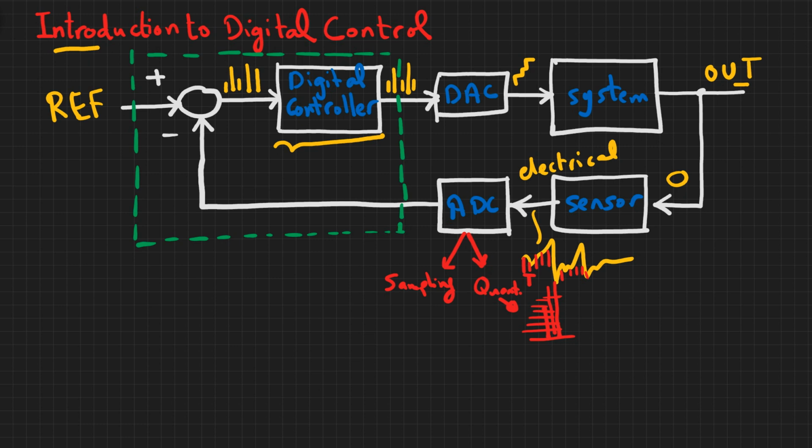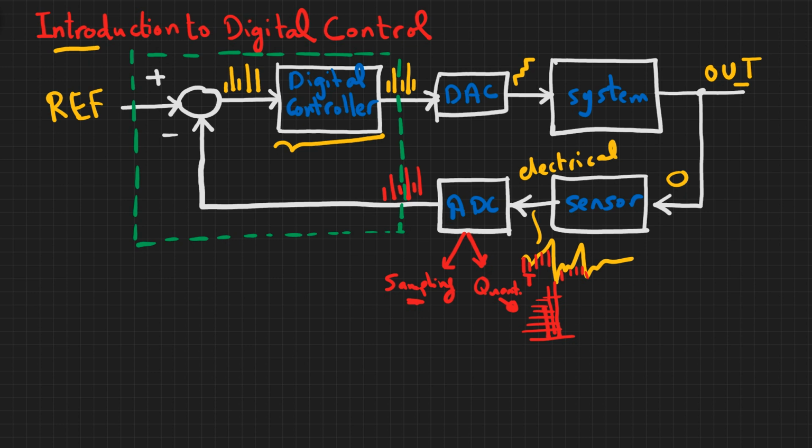So you lose some precision in the amplitude domain from the quantization, and you lose some precision in the time domain from the sampling. And then you have the digital samples which come out from the analog to digital converter, and these are then passed through here.